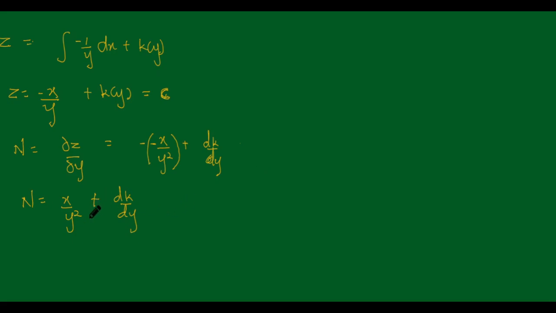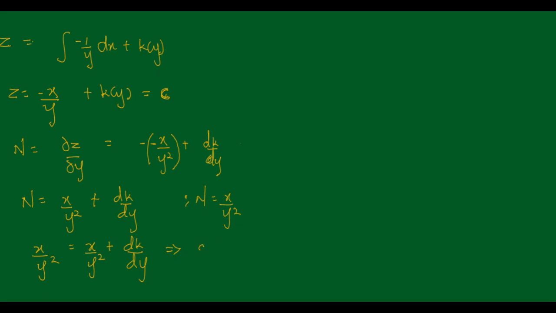So we also know that n is equal to x divided by y squared. Therefore, we have that x divided by y squared is equal to x divided by y squared plus dk dy.